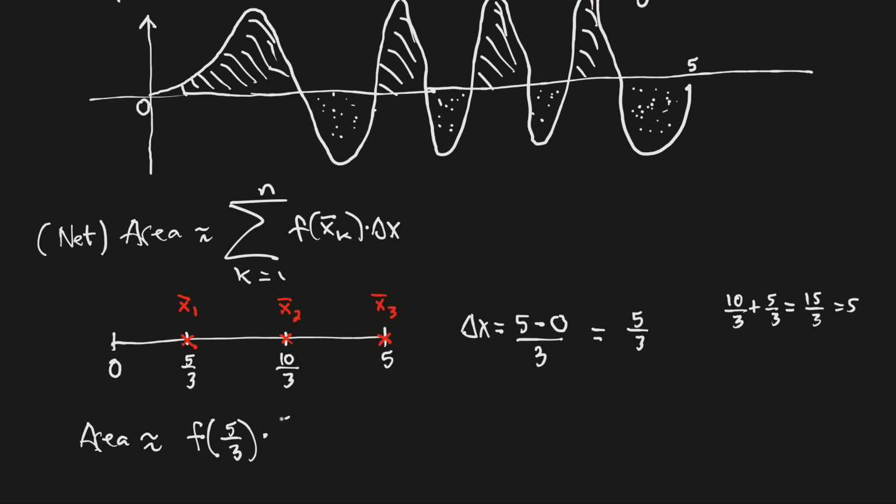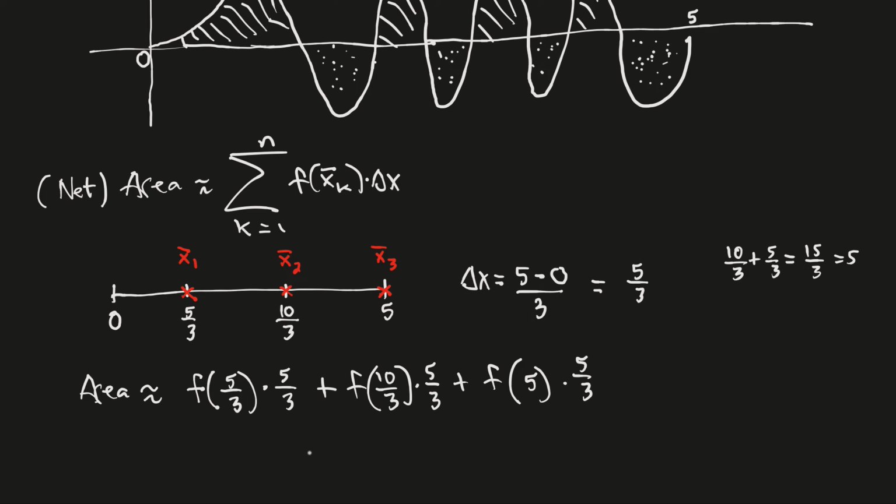So we have to make sure we multiply by 5/3. And then add to that the next function value. So f of 10/3 times the same constant delta of 5/3. And then finally f of, you could just do 5, or if you wanted to write it 15/3, you could. I'll just write it as 5. And then times 5/3. Right.